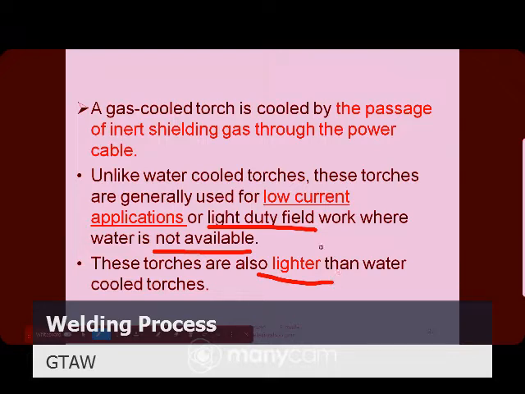This means that the water cooled torch is used for heavy duty welding operations, uses high current, and is heavier than the gas cooled type.